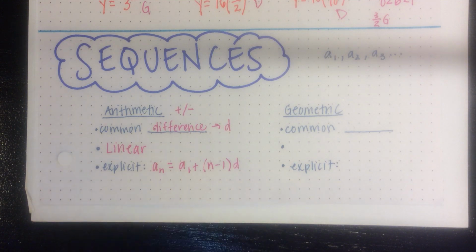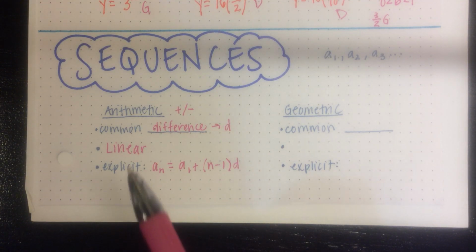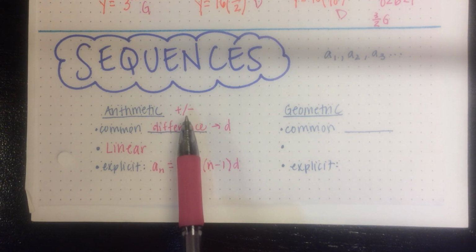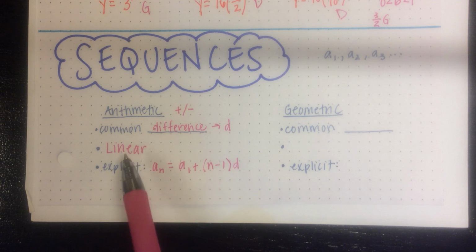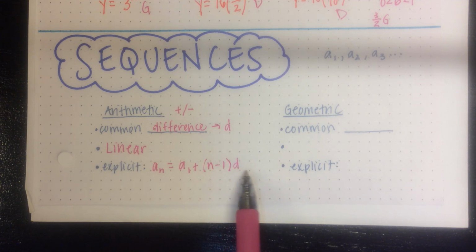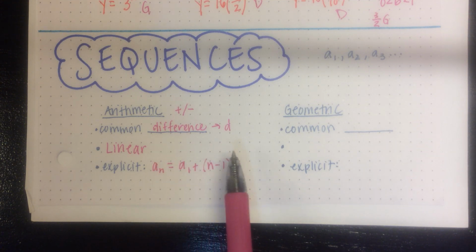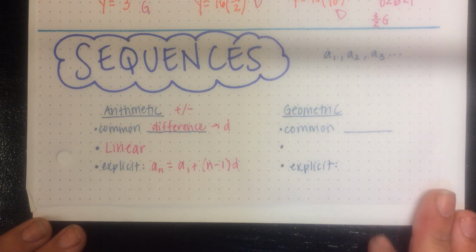We're not really diving too deep into this, but you need to know that arithmetic sequences add or subtract something every time. What you add or subtract is your common difference. They're linear, and we need to know this explicit formula. This is what's going to help us figure out terms later on in our sequence. Like if I give you 3 numbers and I want you to tell me the 50th term, this is what we're going to use to figure that out. So make sure you have this written down somewhere.